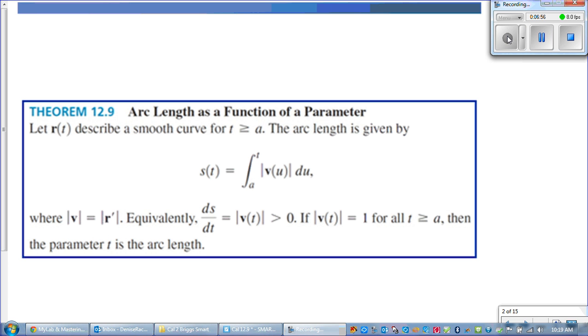Now, if you remember in the last section, we had that the arc length from 0 to some value of t was just the magnitude of that velocity function, or the speed.